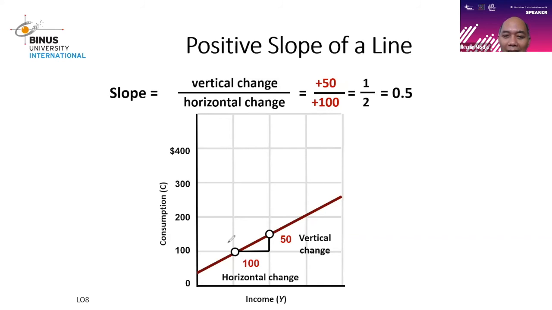Jadi look at this. For example, ya, we have a non-linear graph. Jadi misalnya kita punya non-linear graph. Ini kan linear, lurus dia. Tapi kalau yang nggak lurus, misalnya ada kayak gini. Ya kan? Misalnya, ini katakan ada poin A-nya, ini poin B-nya. Sorry.